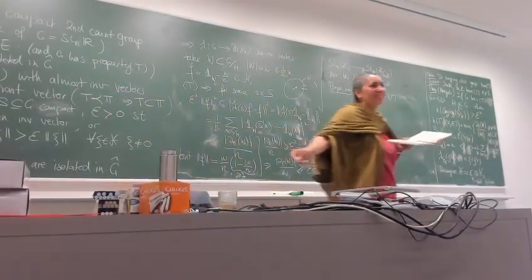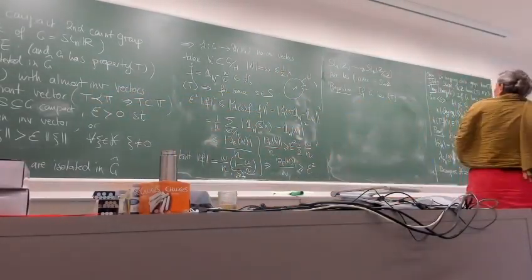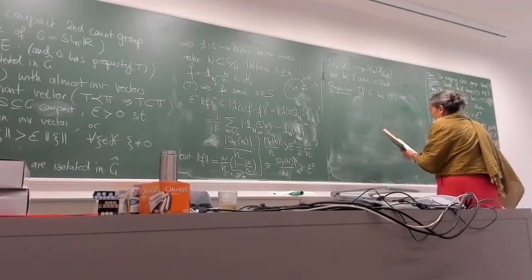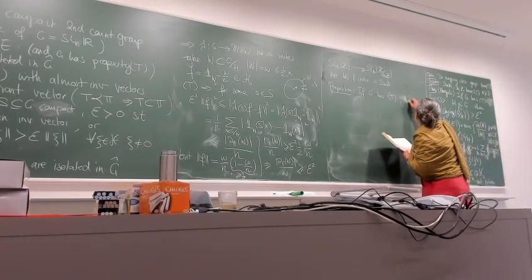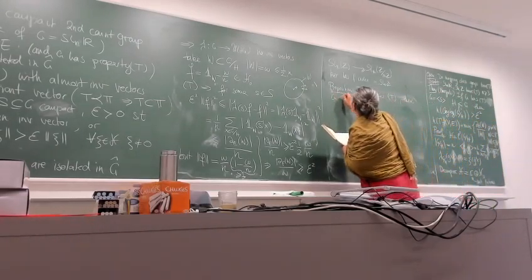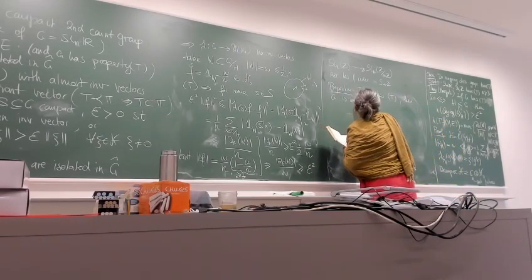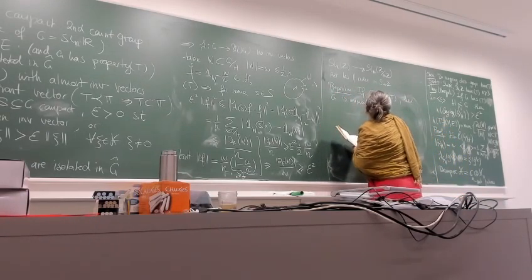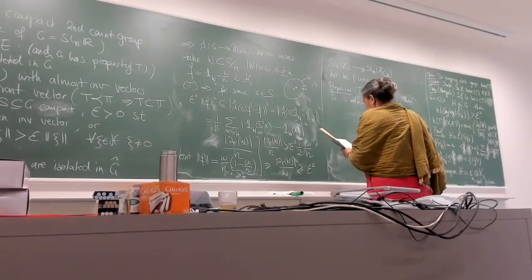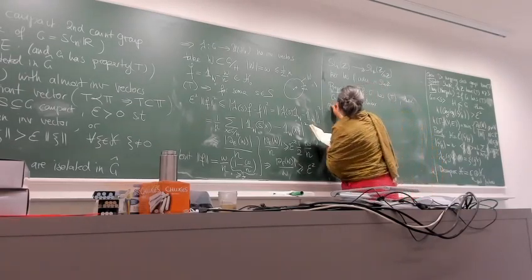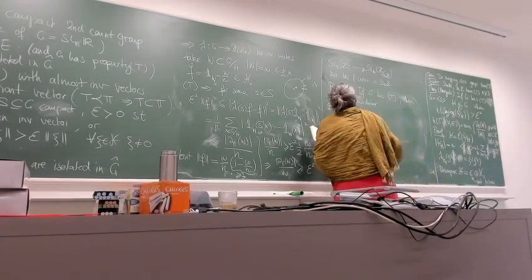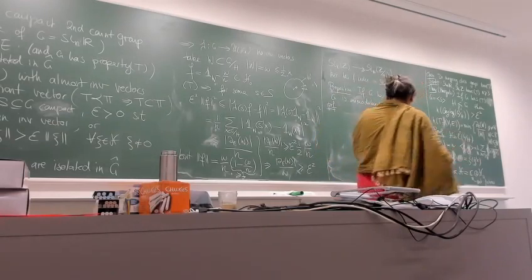I'm in the locally compact case. And if G has property T, then G is unimodular. And so what does it mean to be unimodular?